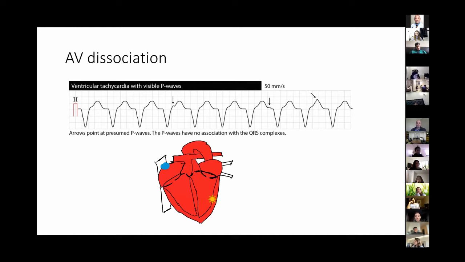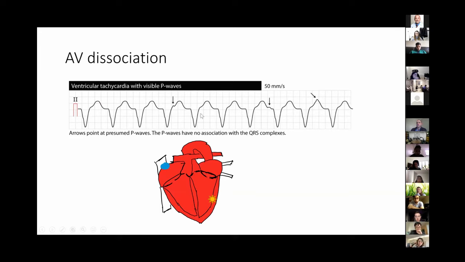Now, AV dissociation concept, right? So AV dissociation is extremely helpful, a very specific sign for VT. You have to train your eye and always try to find that phenomenon. In this illustration you can appreciate small little blips in the strip that map out.